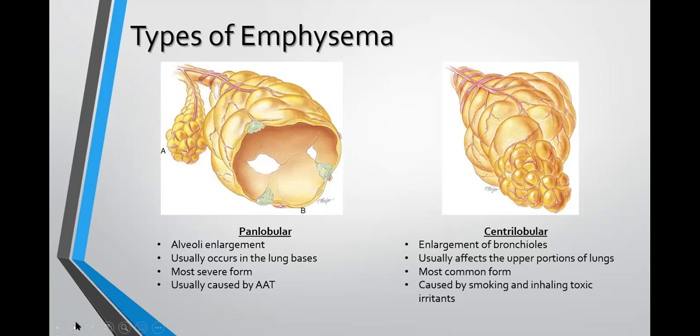That's the panlobar, that's the worst one. If you're born with it, that's the worst one. Okay, panlobar. That's alveolar enlargement. It usually occurs in the bases of the lungs. Panlobar is the most severe case of emphysema, and it's usually caused by the alpha-1 antitrypsin deficiency.